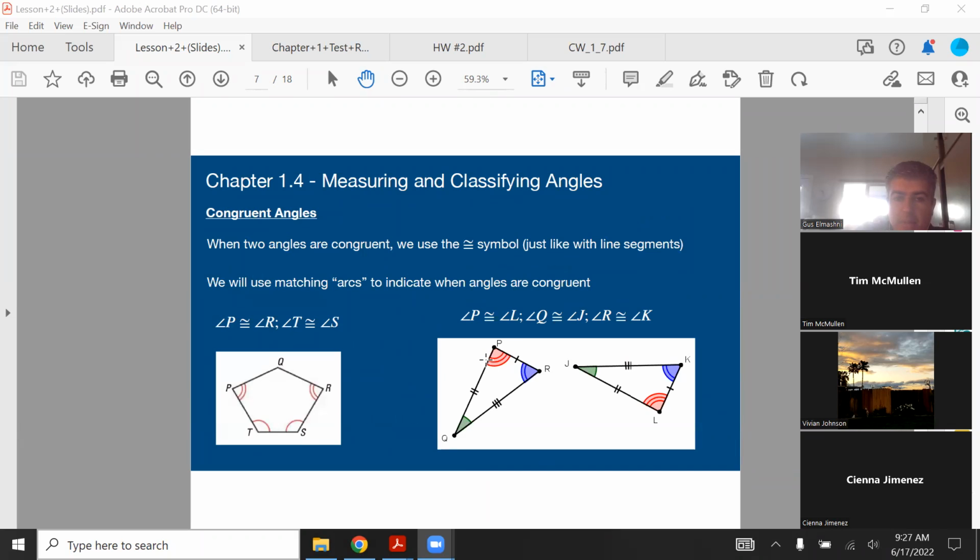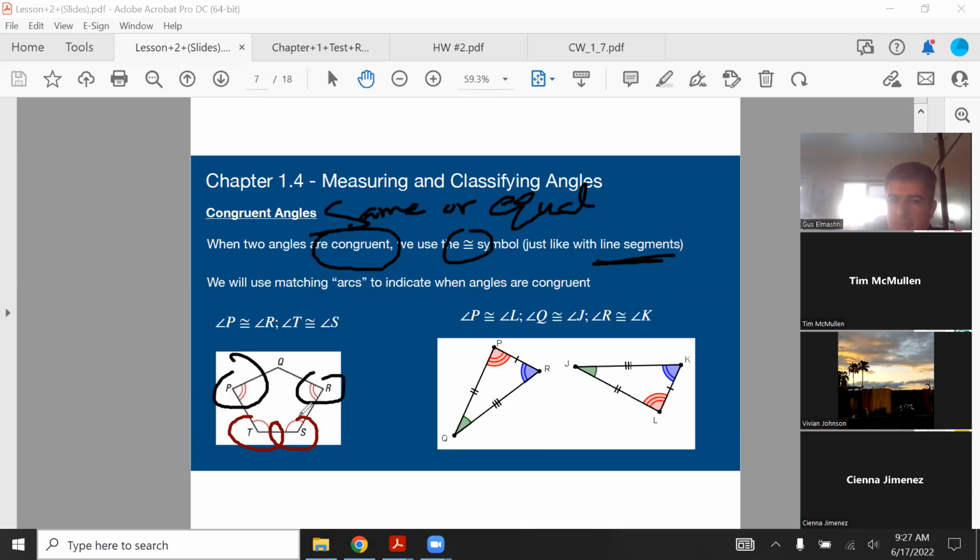Congruent angles. When two angles are congruent, that means they're the same or equal. So we use this symbol here, just like we do with line segments. So for example, we say P and R, those are the same. Or T and S, those are the same.